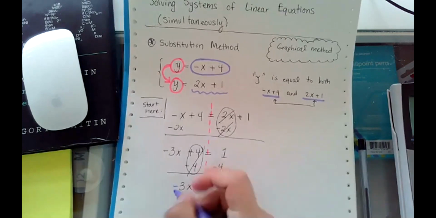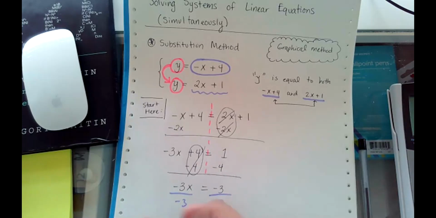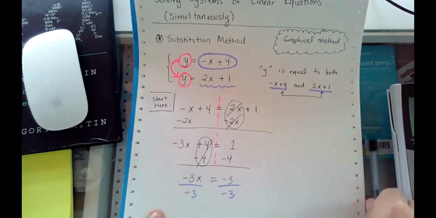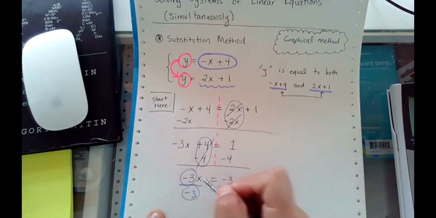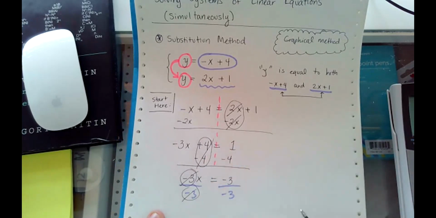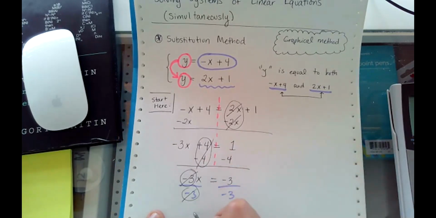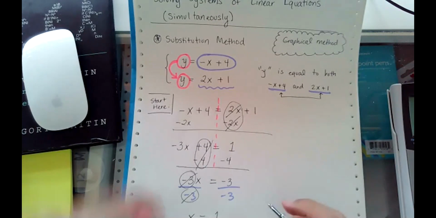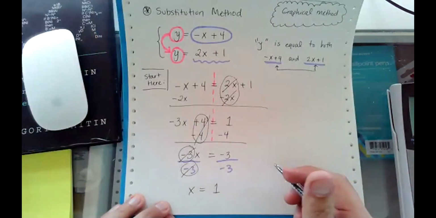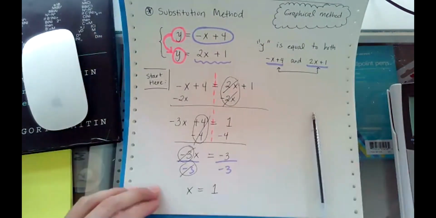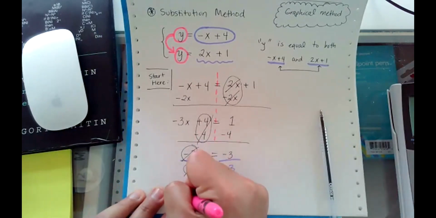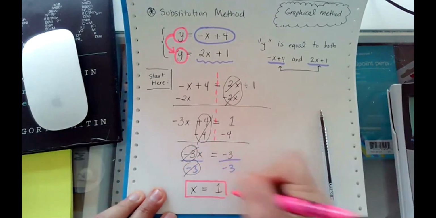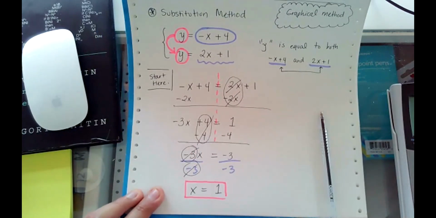So I'm going to divide this by -3, divide that by -3. The idea here is we're trying to get rid of the thing next to the x. So x is equal to -3 divided by itself. Any number divided by itself is going to be +1. So I'm going to box this in. We did that whole process, and now we know what x is supposed to be.